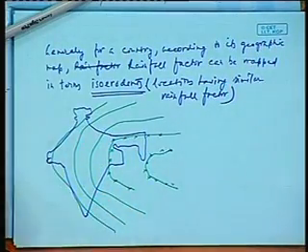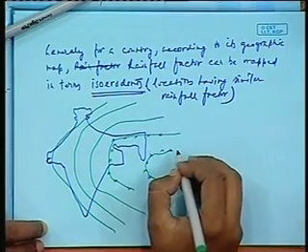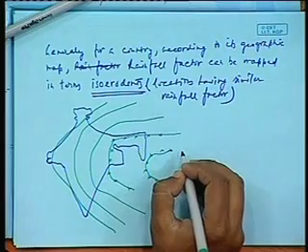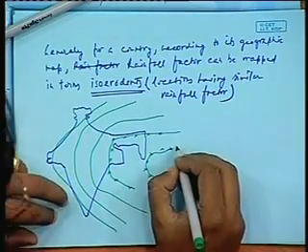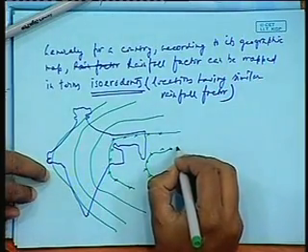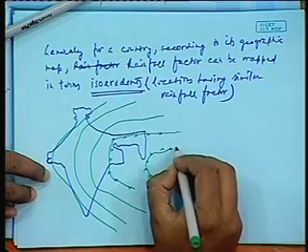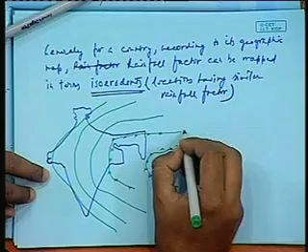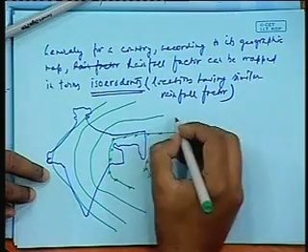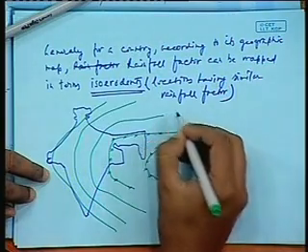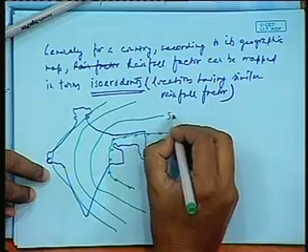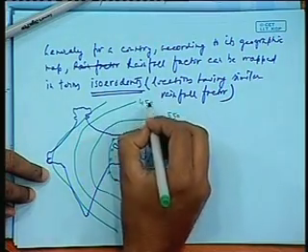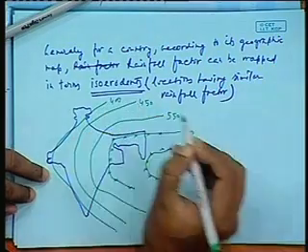In such cases, like Andaman Nicobar, the isoerodents would be between, say, let us start from 700 isoerodent. Here this is 600, this is say 550, this is say 450, this is 400, like this.